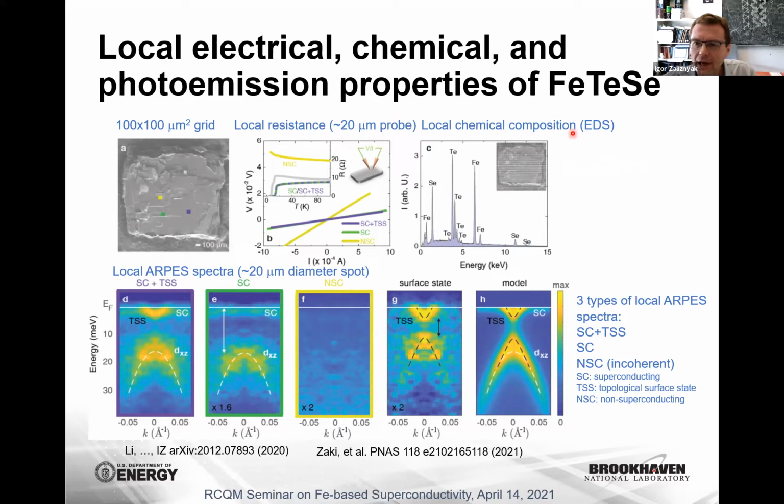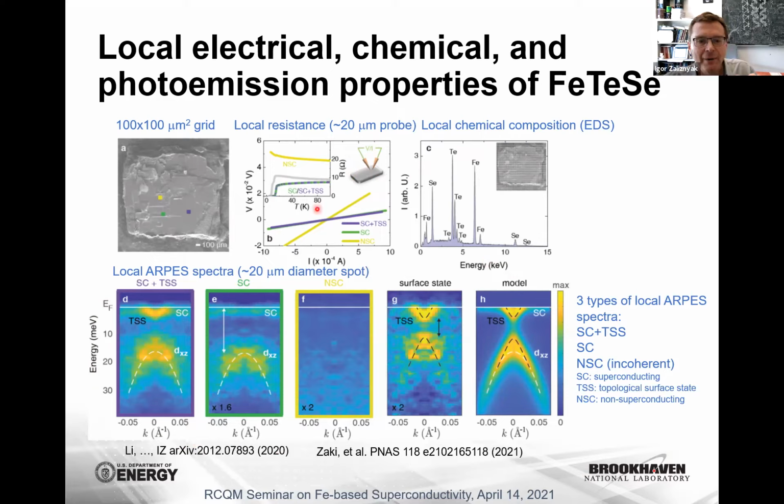Each little crystal was subjected to thorough analysis of its elemental composition and electronic properties by making a 100 by 100 micron grid on the surface of that crystal, and then measuring the elemental composition in each cell of that grid using EDS, measuring the electrical resistance on that little element of the grid using the microprobe at nanocenter, and measuring the local electronic ARPES spectrum using micron-resolved ARPES.